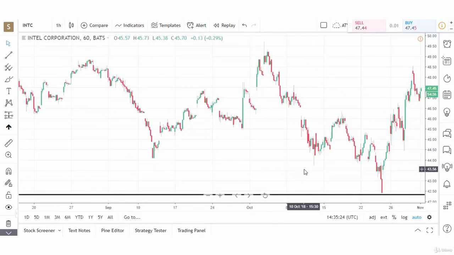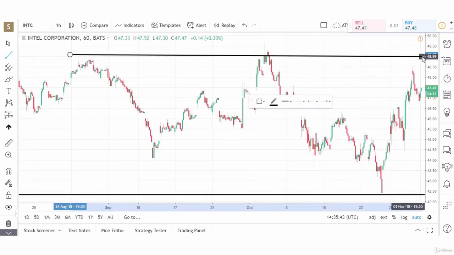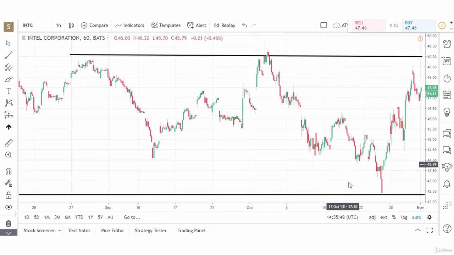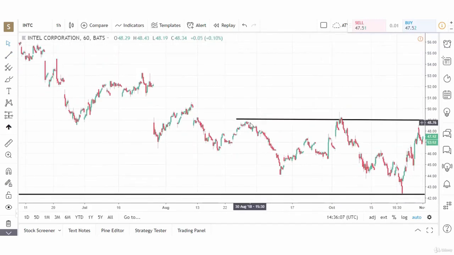And here we can see that there are support and resistance levels on the hourly chart as well. Right around 49 is our resistance level, and our support level remains here just above 42. This is our major support level. If we zoom out, we'll see that this is a minor resistance level.